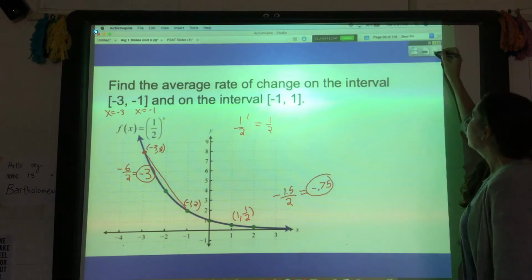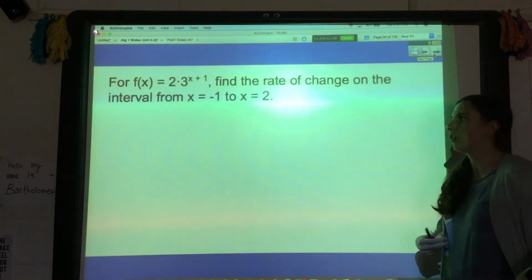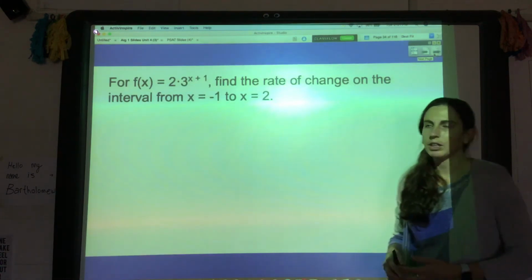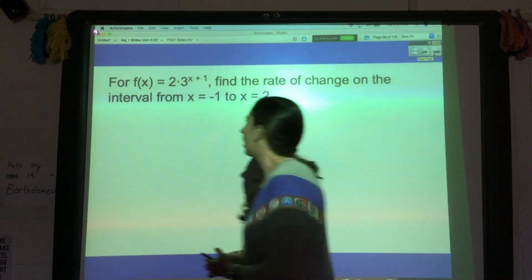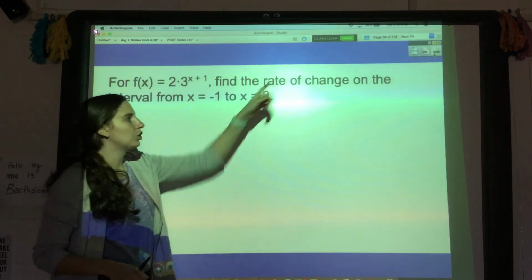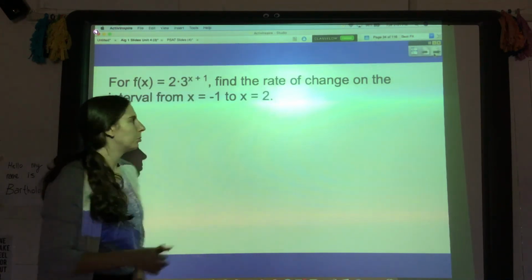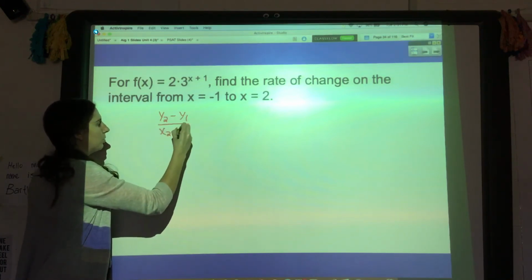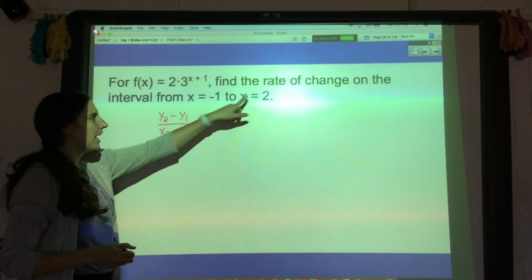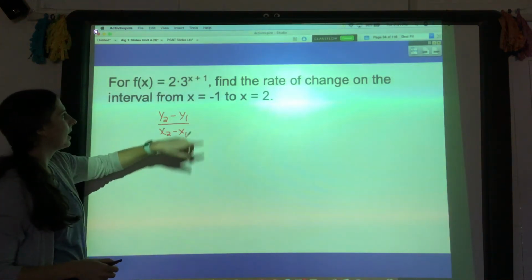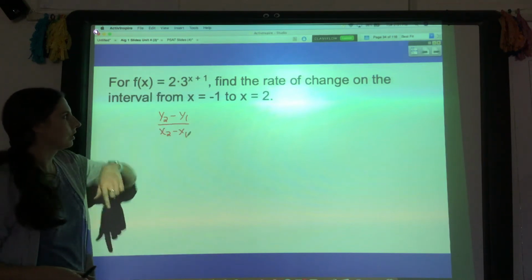All right, so let's try one more. This one doesn't give us the graph, it just gives us an equation. You could graph it in your calculator or by hand, but I could also just plug in these values, because if I want the rate of change, again, that's just slope. So it's y2 minus y1 over x2 minus x1. I have the x's, but I don't have the y's that go with them. So to find the y's, just put it in your equation.